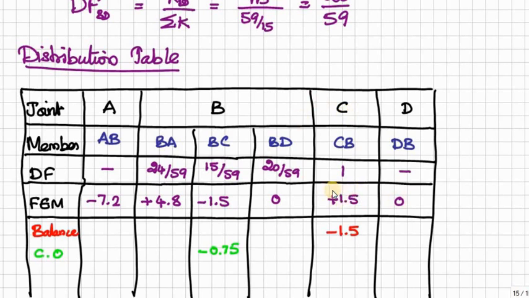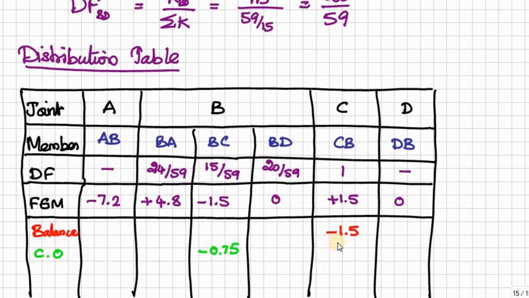Here the moment should be equal to 0 at C, but right now we have plus 1.5. To nullify it, to make it 0, we have to apply an opposite but equal moment, so minus 1.5. This step is called balance.